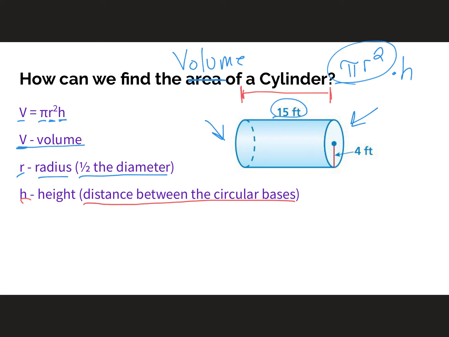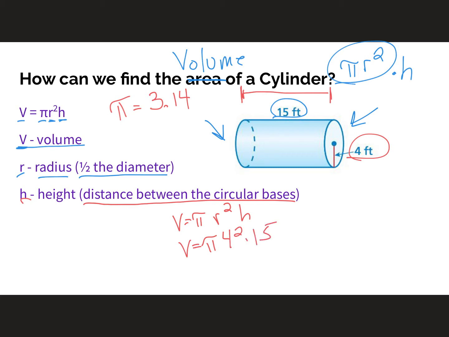So for this cylinder, the volume will be found by pi, and we're going to estimate pi to be about 3.14, just because it works easier for this, times the radius squared times h. Well, our radius is 4, so I have the volume is pi times 4 squared times 15.